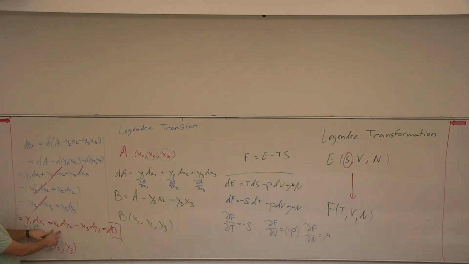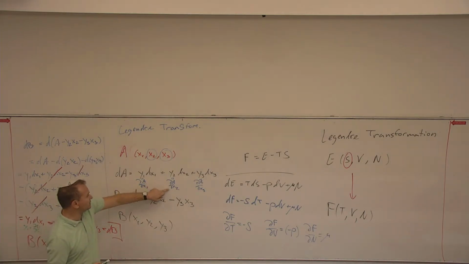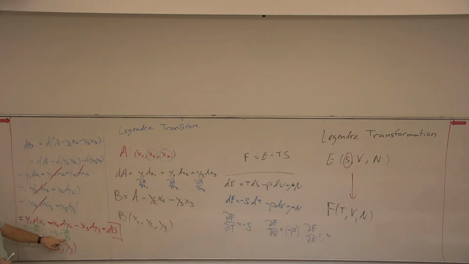But look at the second derivative. What we know is that minus x2 equals what? Since minus x2 stands in front of the differential of y2, it is dB/dy2. Okay, so notice dA/dx2 equals plus y2, and dB/dy2 equals minus x2.